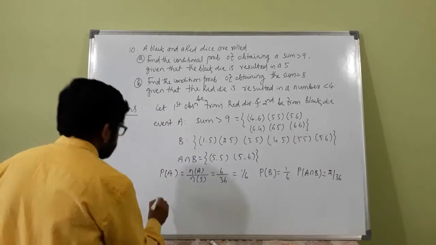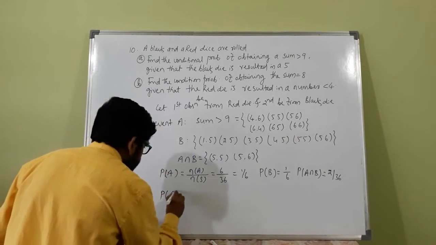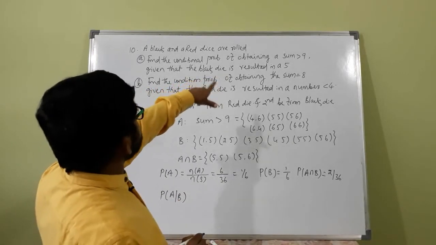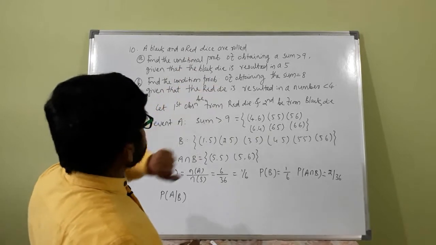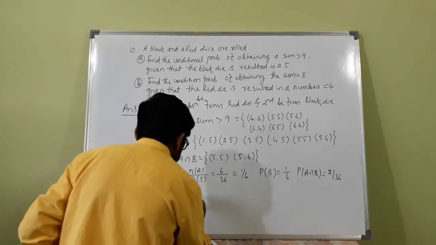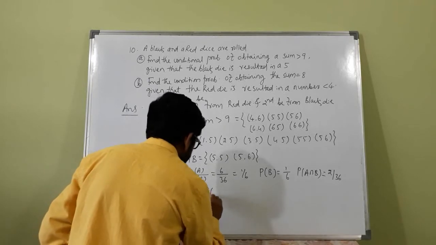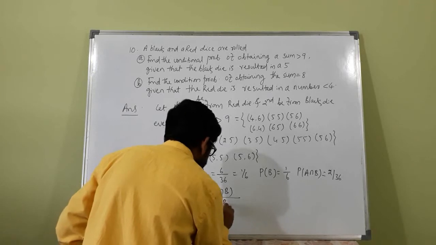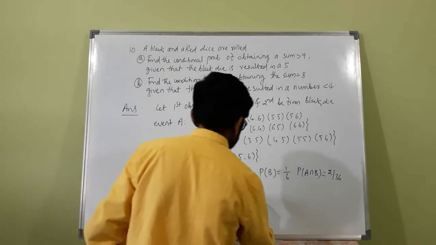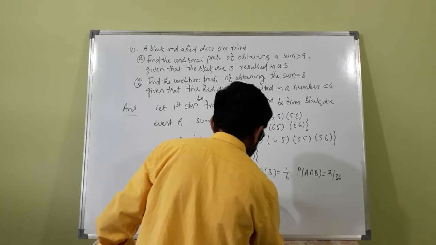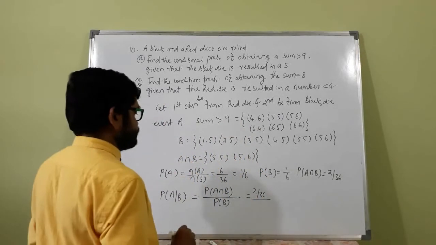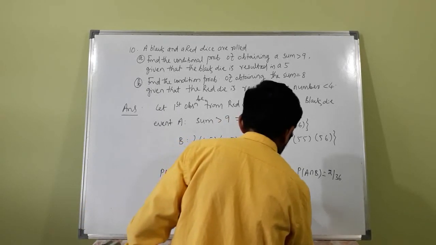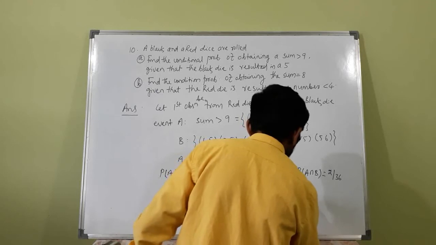Therefore, the conditional probability of sum greater than 9 given that the black die is 5, probability of A given B, is probability of A intersection B divided by probability of B. That is 2 by 36 divided by 1 by 6, which means 2 by 36 into 6 by 1.